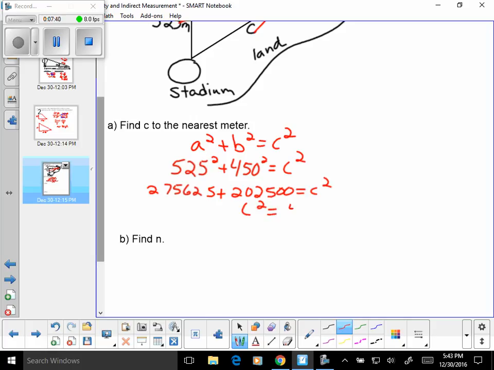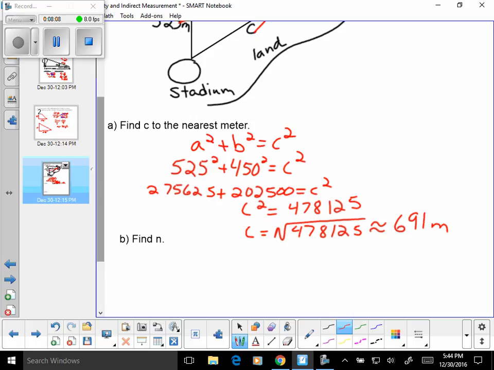C squared is 478,125. C is going to be the square root of that. And we are going to round off to the nearest meter, as it tells us to do, and that will be 691 meters. Could I have set up a proportion and done it?